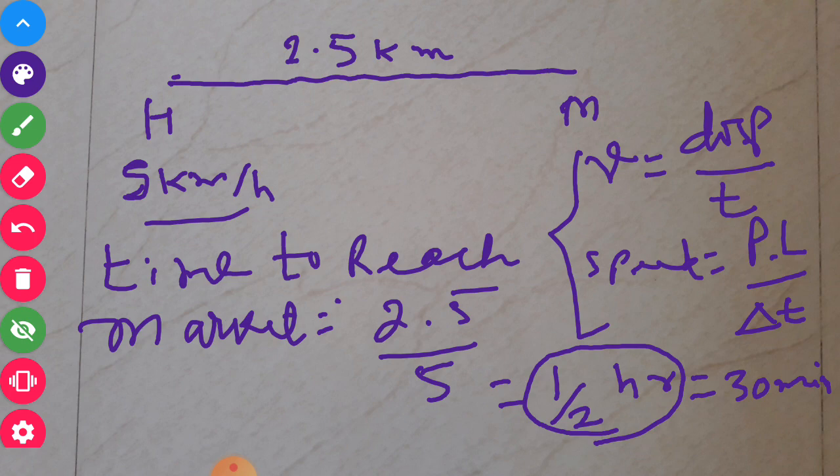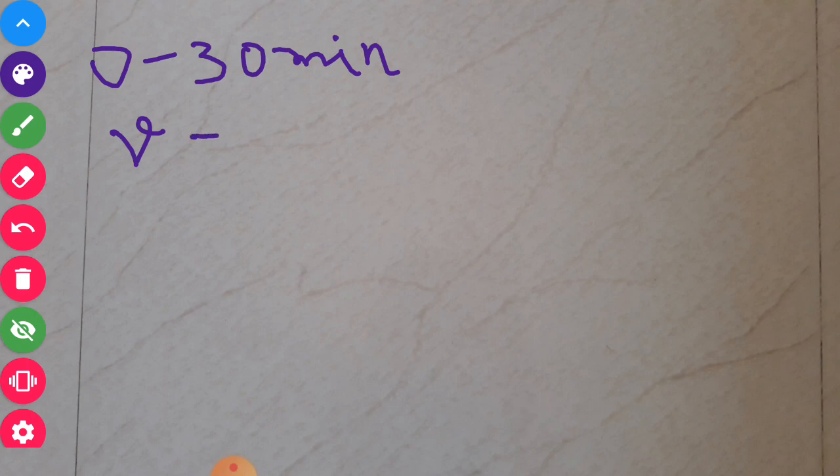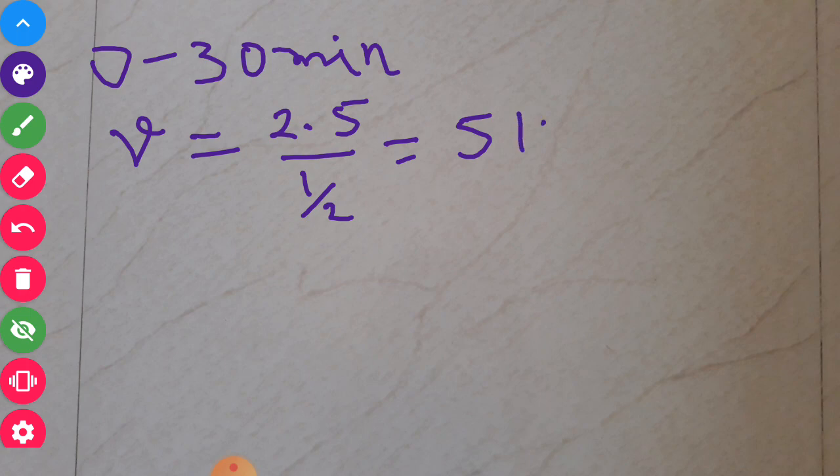Displacement is 2.5 km, so for the first 0 to 30 minutes average velocity will be 2.5 km upon 1 by 2 hour, so this becomes 5 km per hour. So it's very easy.